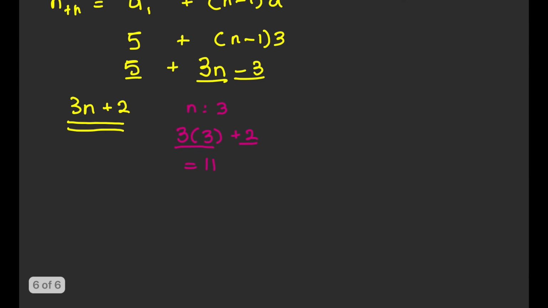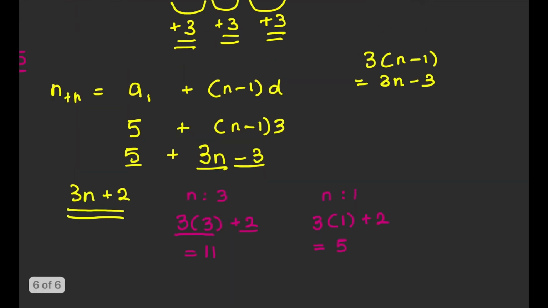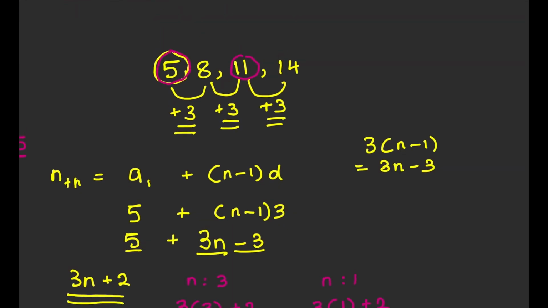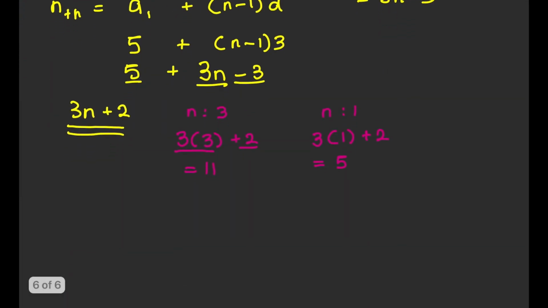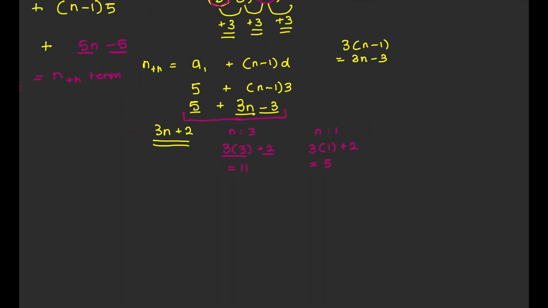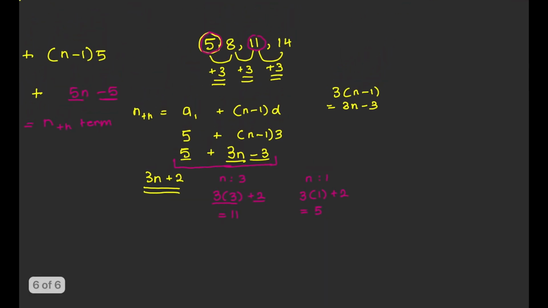Now let's put n as 1 and see what our first term is. 3 into 1 plus 2 gets us a value of 5. And that is right. Our value is 5. So now we can prove that this entire formula is correct. As we're getting 3n plus 2, we can prove that the formula links accordingly to our sequence.